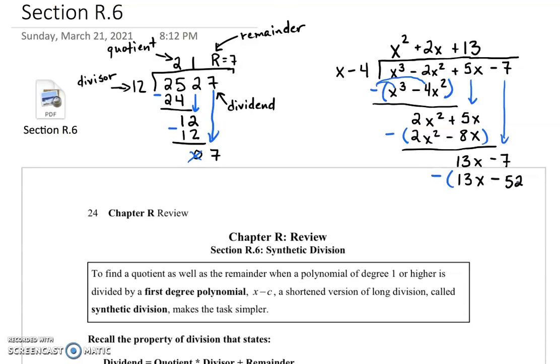And remember, we're subtracting that whole piece. And so negative 7 plus 52, I think, is 45. So this one we get x minus 4 divided into x cubed minus 2x squared plus 5x minus 7 is x squared plus 2x plus 13 with a remainder of 45.